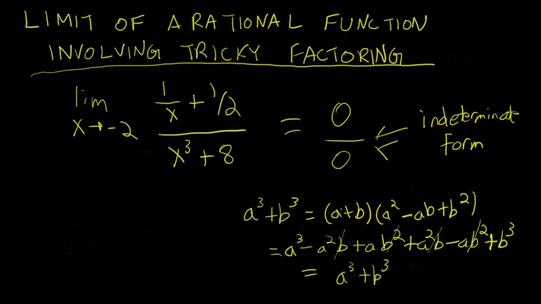So a cubed plus b cubed can be factored into a plus b times a squared minus ab plus b squared. In this case, your a is x and your b is 2, because 2 is the cube root of 8, or 2 cubed equals 8, since 8 is 2 times 2 times 2.